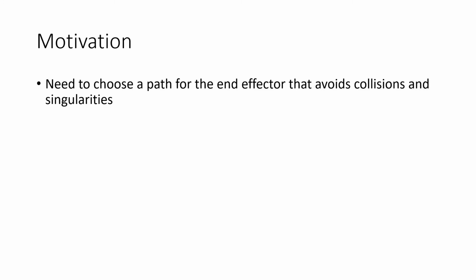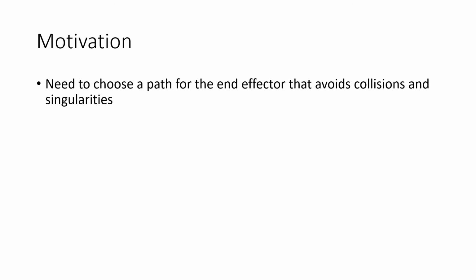Now in this continuation, the overall motivation is that for the end effector, we have to choose a path which is going to avoid collisions and also the singular configurations. For singularities, we understand the configuration of the robot is going to be helpful. But the problem with collisions is that these obstacles are defined in the workspace.